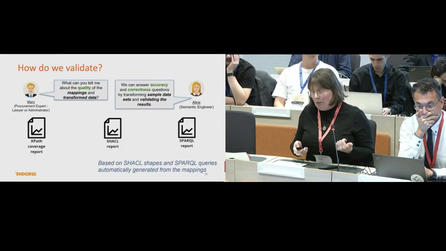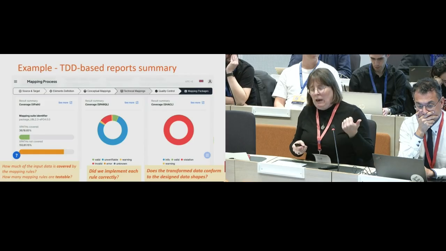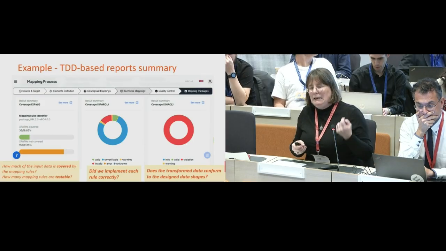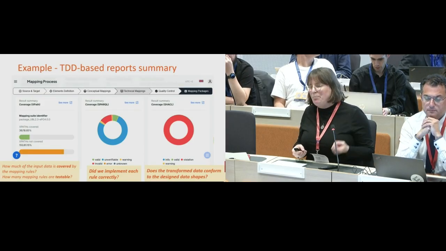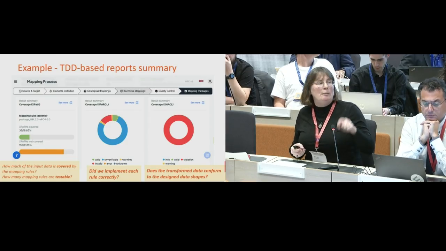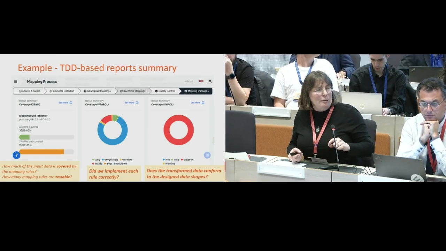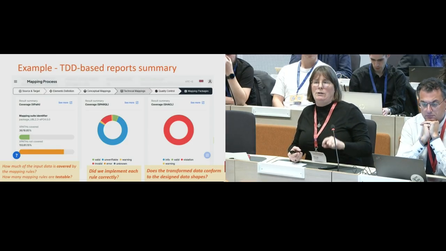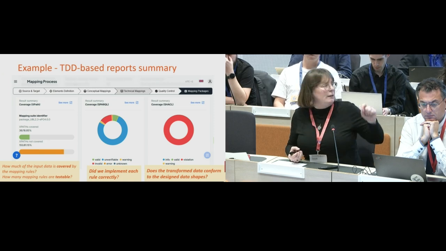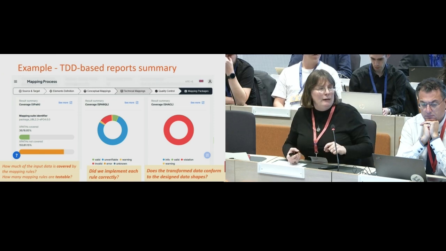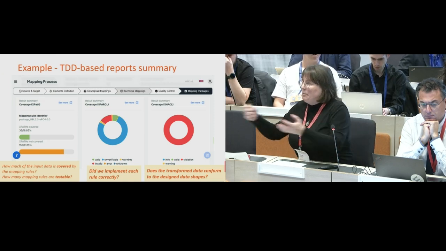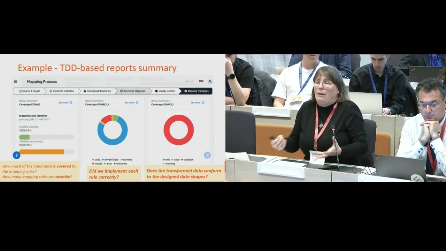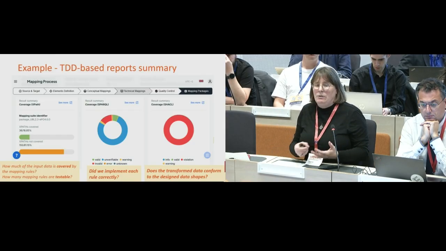We have an XPaths coverage report that looks at how much of the input data is covered by the mapping rules. Because at some point, we also want to make sure that we have covered everything from the XML that we wanted to map, and that we haven't forgotten something that is supposed to end up in our RDF graph. So you want to be sure about that.